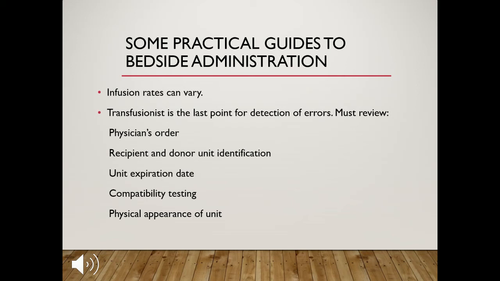Transfusionist is the last point for detection of error. So, the transfusionist must review physician orders, recipient and donor identification, compatibility, unit expiration date, compatibility testing, and the physical appearance of the unit of blood prior to transfusion.